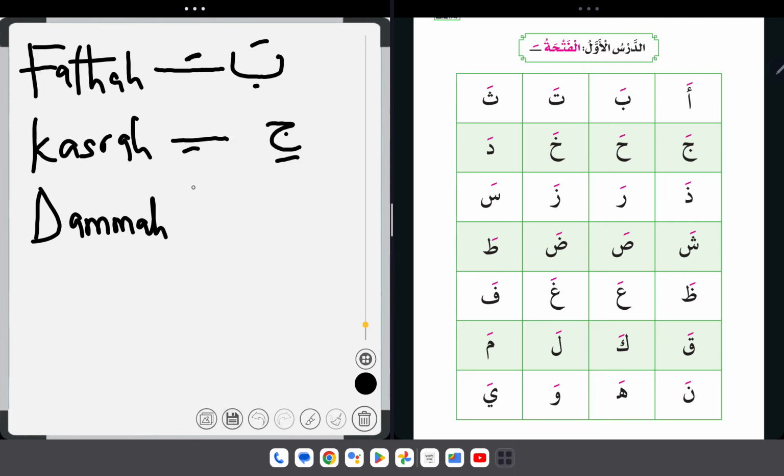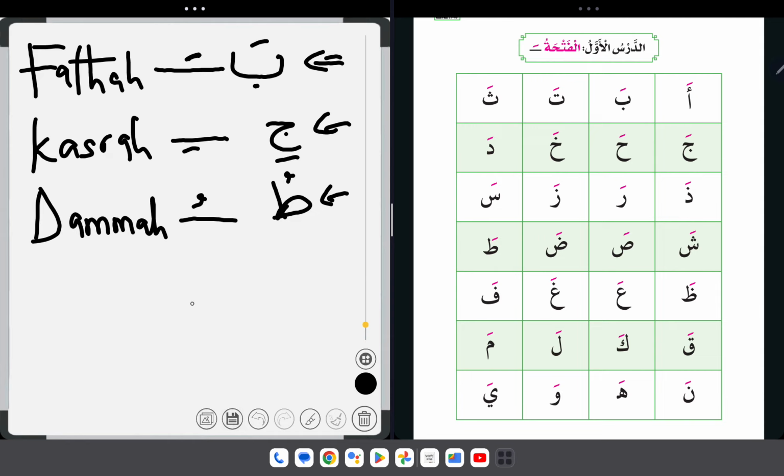And Dhamma is like a small vowel which comes on top of a letter. So for example, when we have Ta, and we have this. That is Dhamma. So in this case now, this Ba is having Fatha, this Jim is having Kasra, and this Ta is having Dhamma.